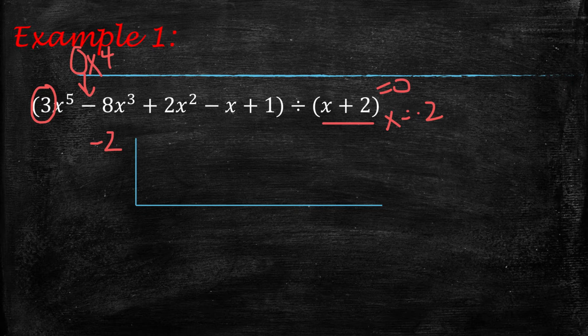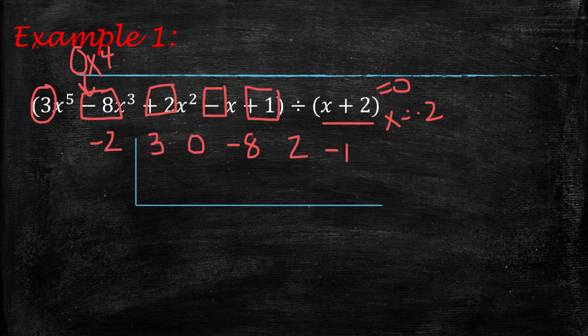So we're going to first have 3, then we're going to have a 0, then x to the 3rd, so that's going to be a -8. Then we have x squared, so that's going to be a 2. And then we go to the x term, and that's -1. And then we go to our constant, which is 1.